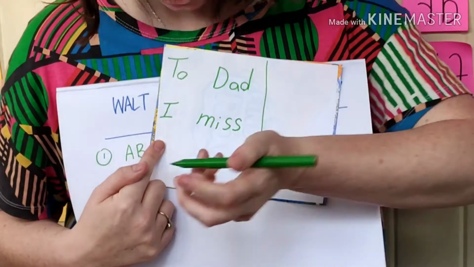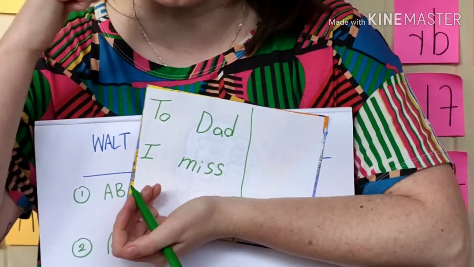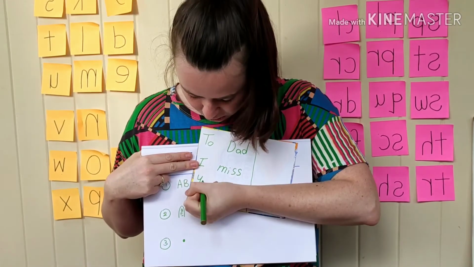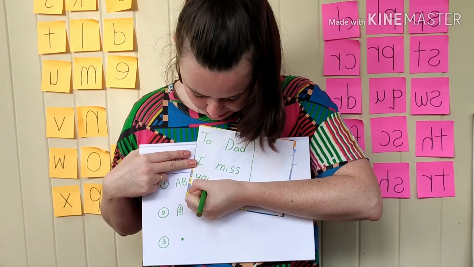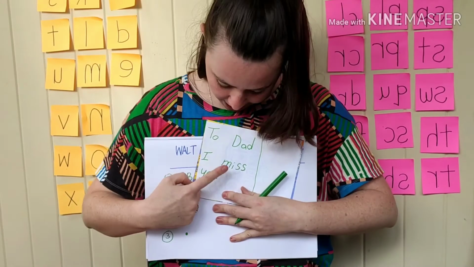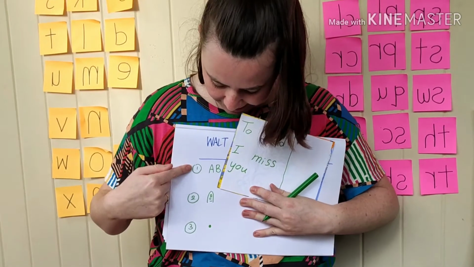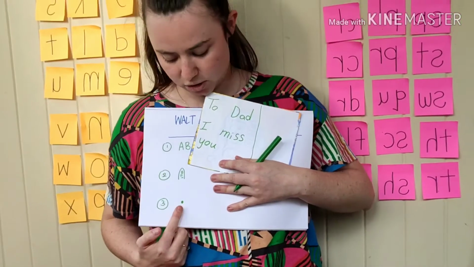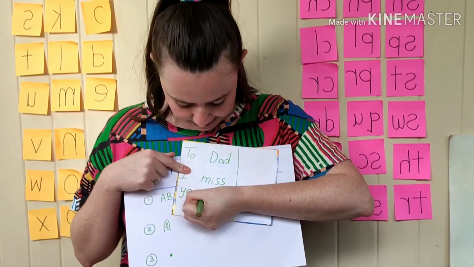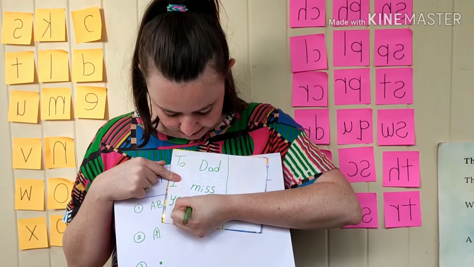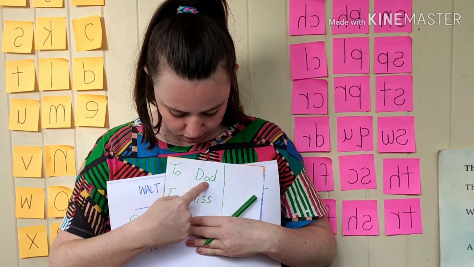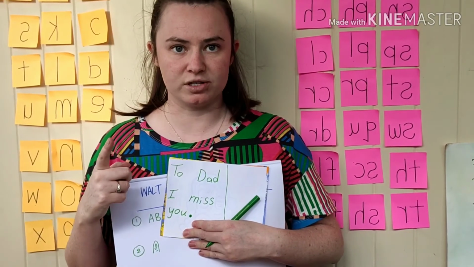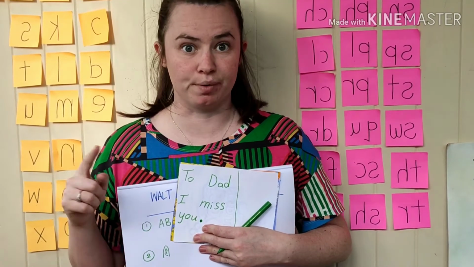I miss you. Now, I know how to spell you because it's one of my sight words from my list. So I can write you here. To Dad, I miss you. And the last thing that my sentence needs is a full stop. A full stop is a dot, and it tells us that it's the end of the sentence. So here we go. To Dad, I miss you. Full stop.